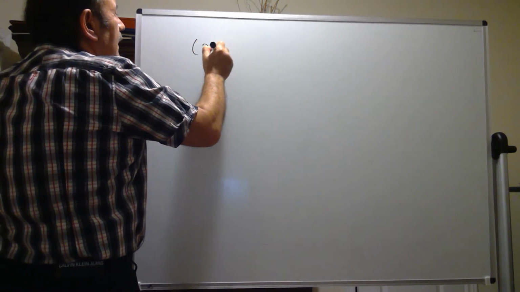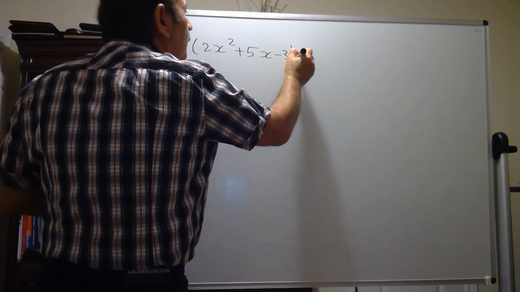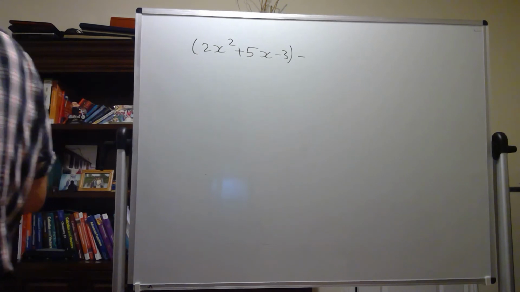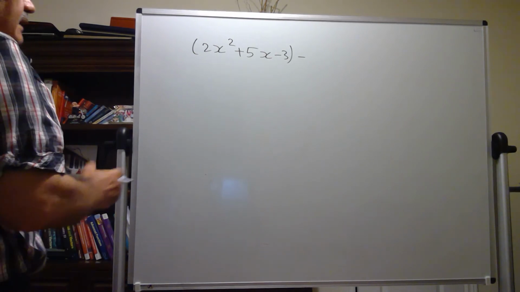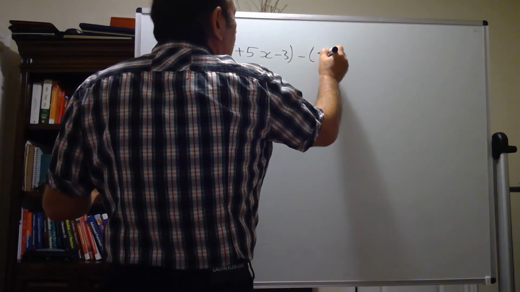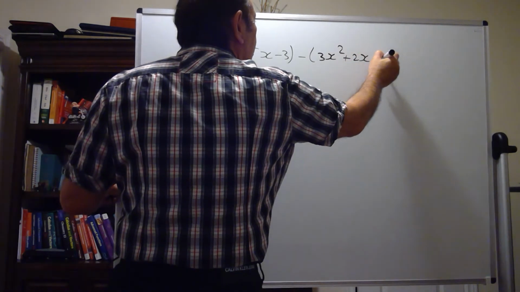One other example of subtraction of polynomials: 2x squared plus 5x minus 3, minus 3x squared plus 2x minus 5.